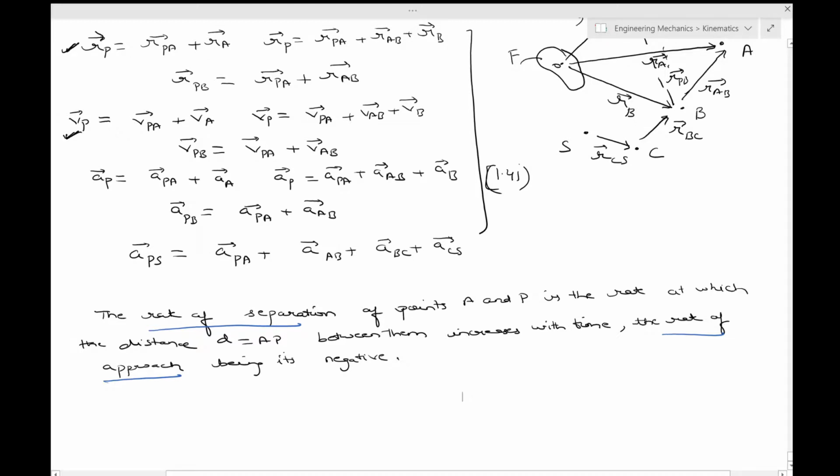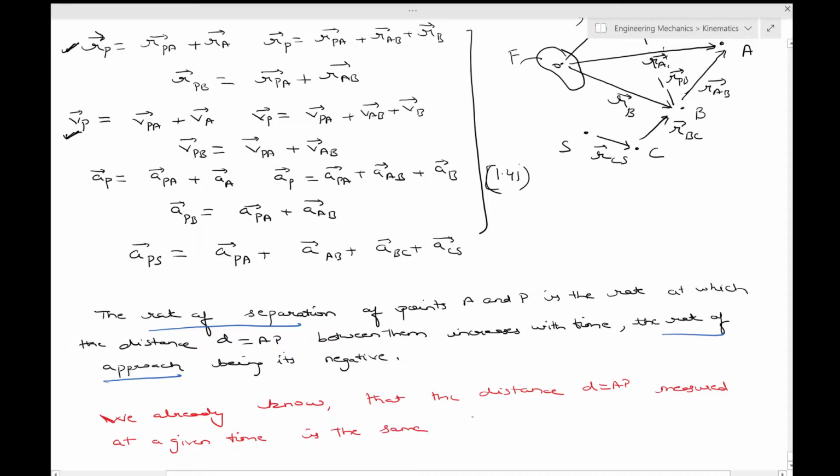Now we have already seen this. We already know that the distance D equal to AP measured at a given time is the same for all reference frames.